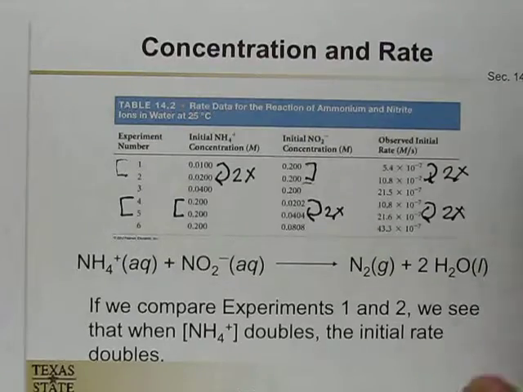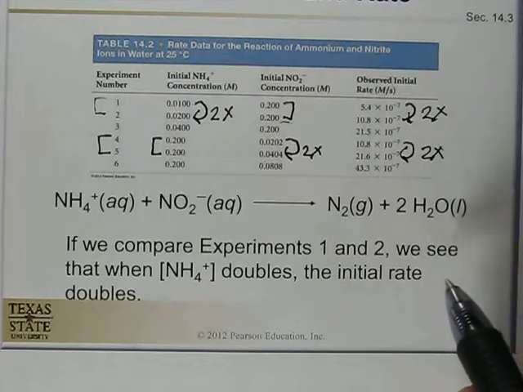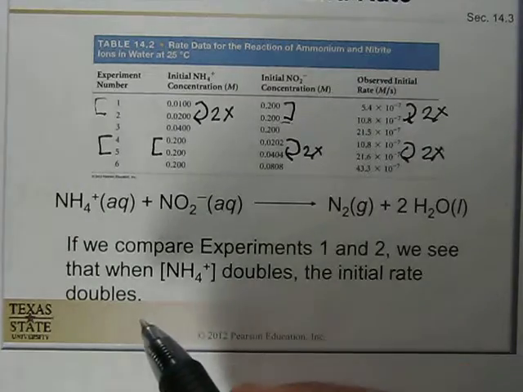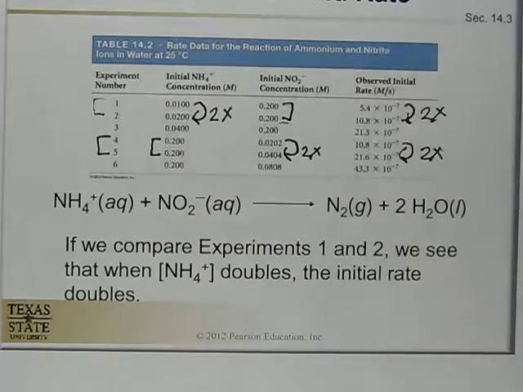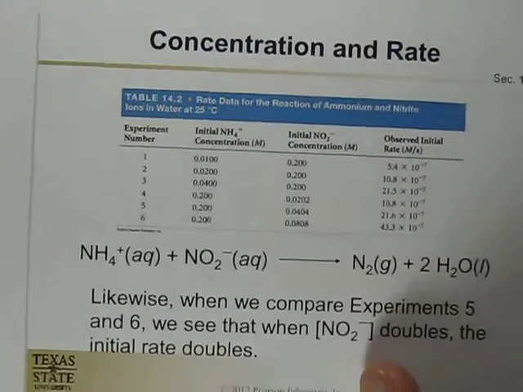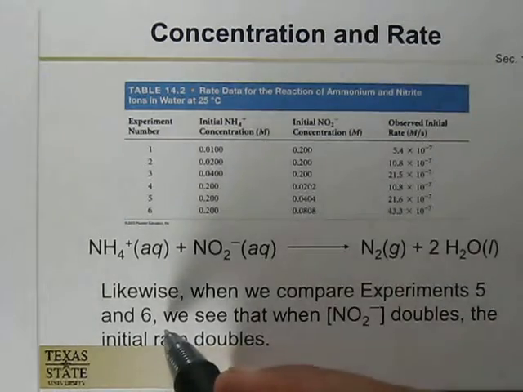So if we compare experiment number 1 and 2, we see that when ammonium ion doubles, the initial reaction rate doubles, and the same way when we compare experiment number 5 and 6.